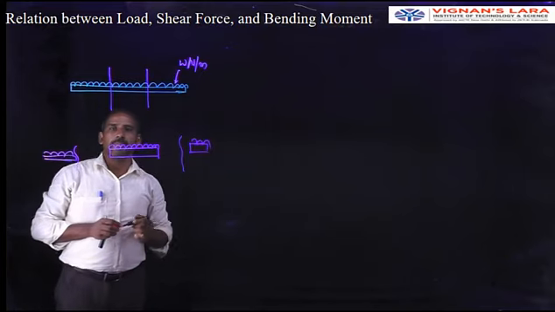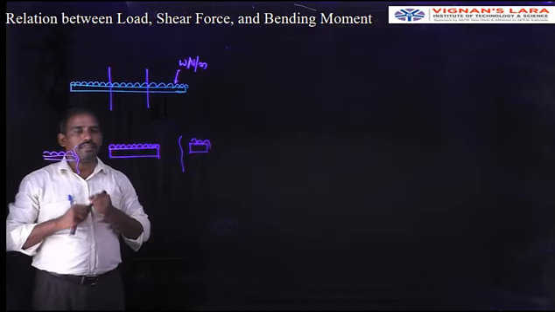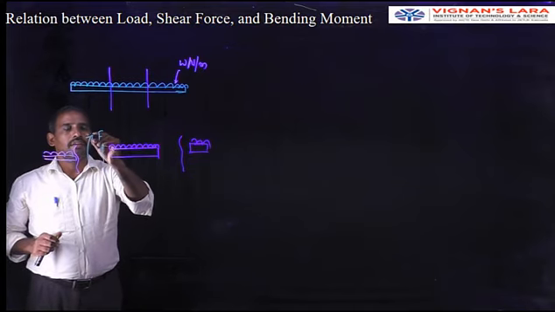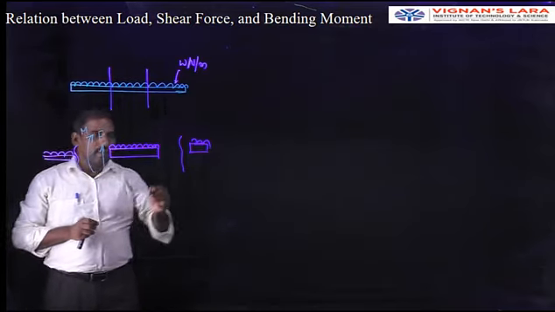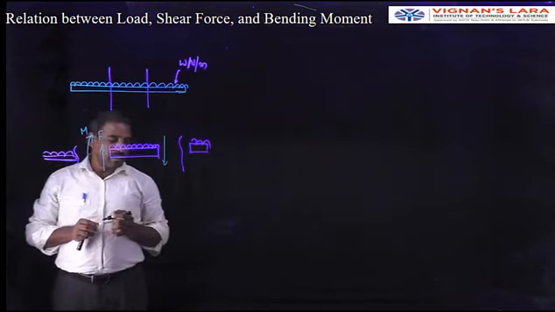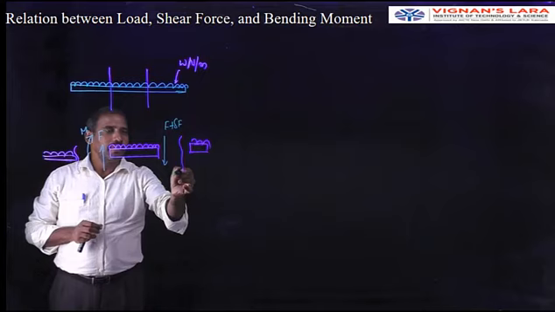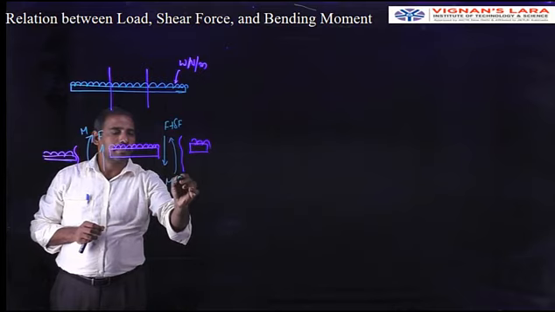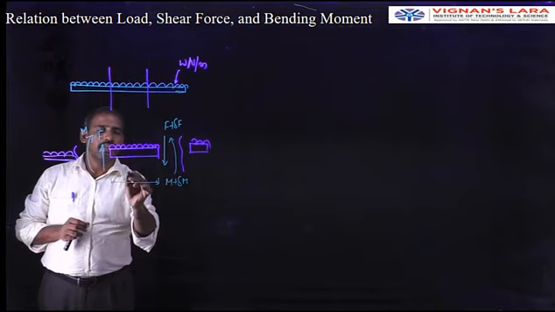Here let us consider a force of magnitude F vertically upward left to the section, and a moment of magnitude M. Generally under equilibrium condition, the shear force right to the part is F plus delta F, and the bending moment is M plus delta M. Here the length of the cut portion is taken as delta X.